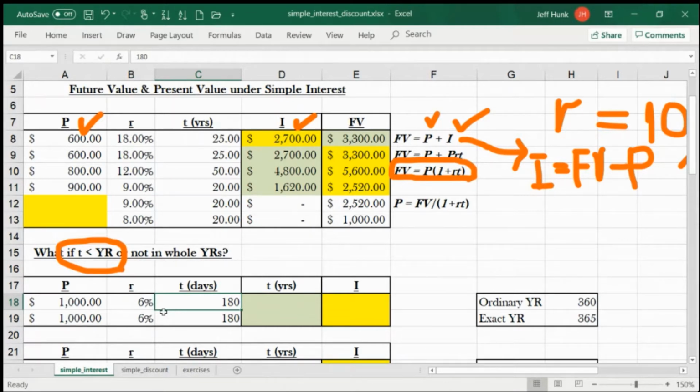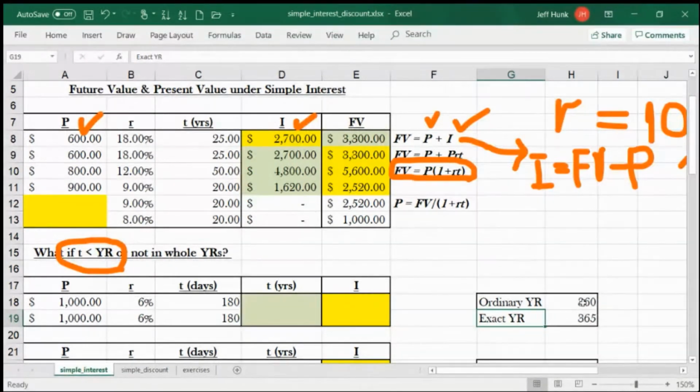But in simple interest there are two types of years. One is the ordinary interest year, and the other is the exact interest year.